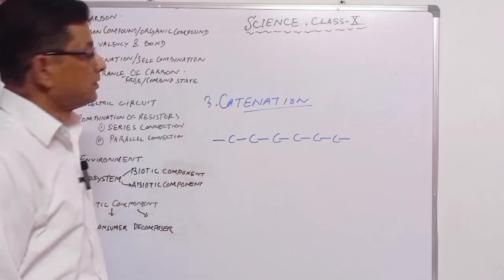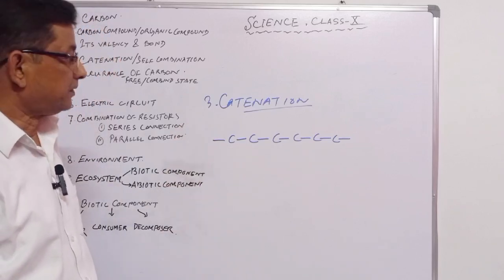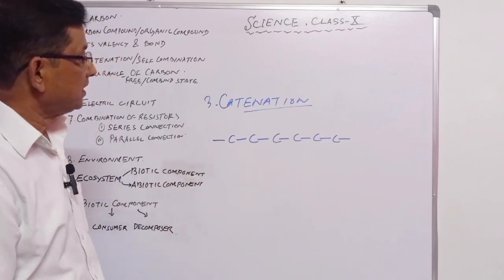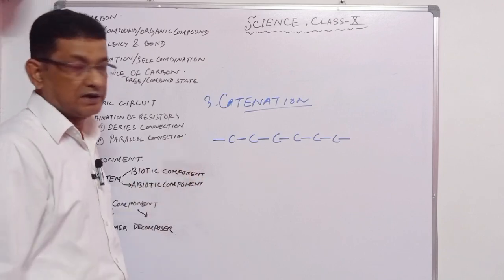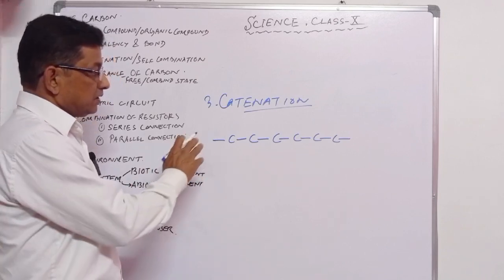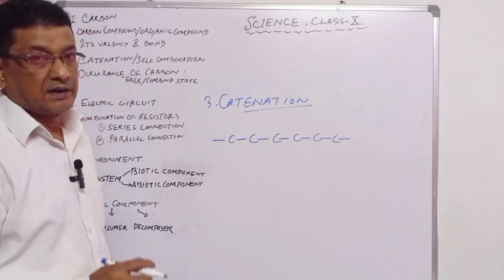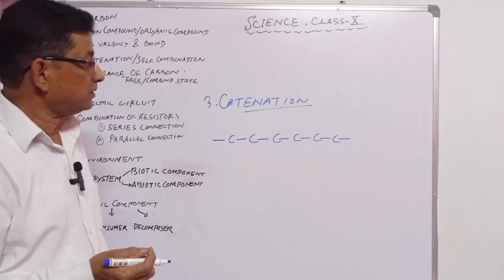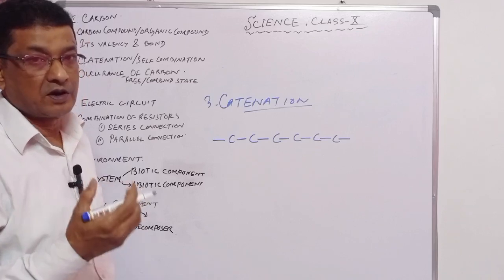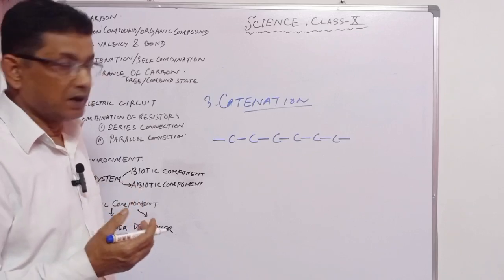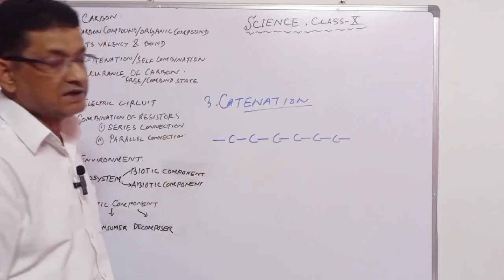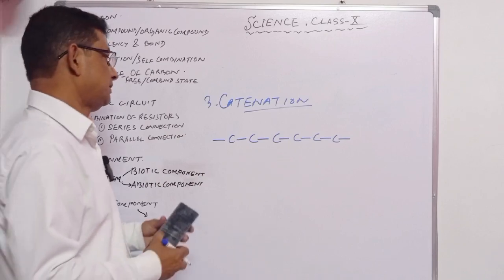This property of self combination of carbon atoms is known as catenation. Due to this property, we may get large molecules and huge numbers of carbon compounds, and this chain is exceptionally stable.